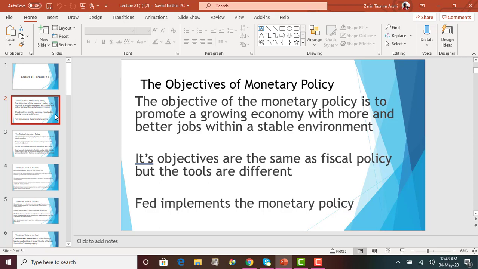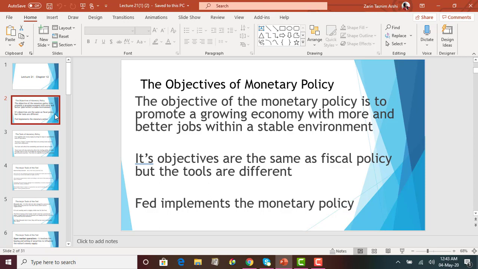The main objective of monetary policy is to promote a growing economy and create employment as well as a stable environment. Just like fiscal policy, which we discussed, the objectives of monetary policy are the same. They want to create more employment, bring about economic growth, and create a stable environment. However, monetary policy uses different tools.